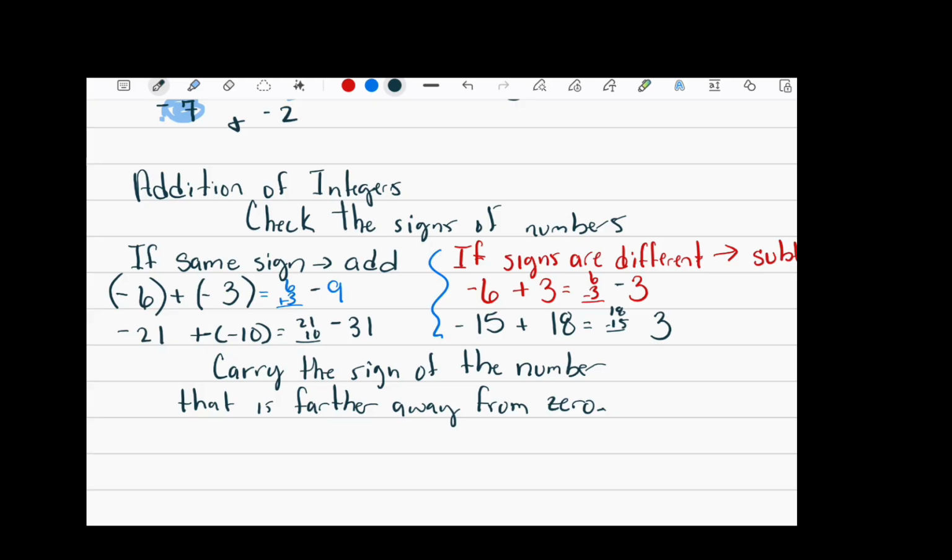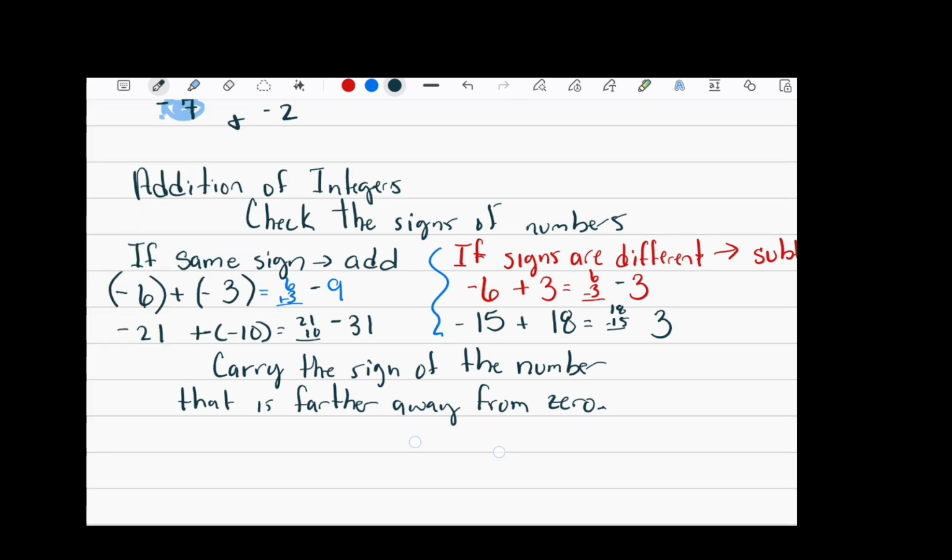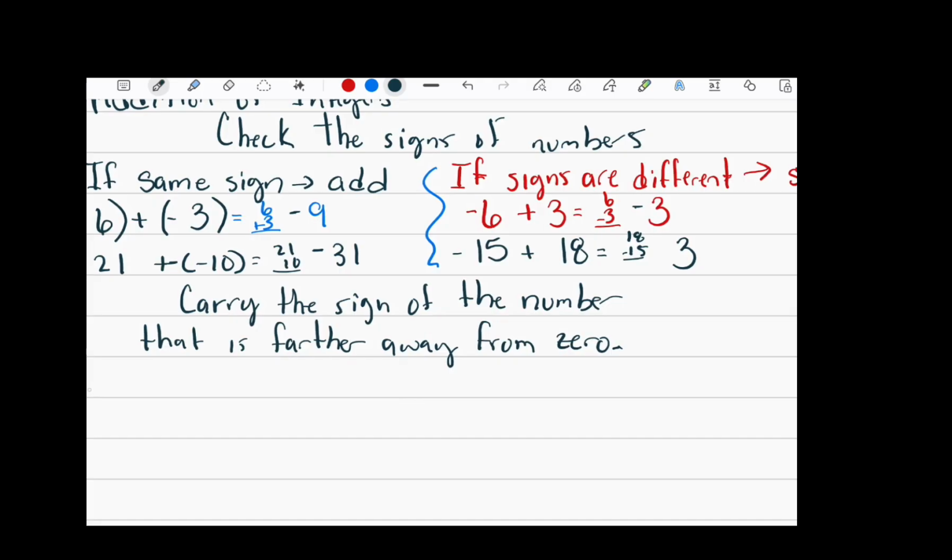Now, for the activity we're going to do today, I'm going to give you a problem. Let's say the problem is -4 plus -10. I don't want the answer because you're going to have a calculator. First, tell me if these are the same signs or different signs.